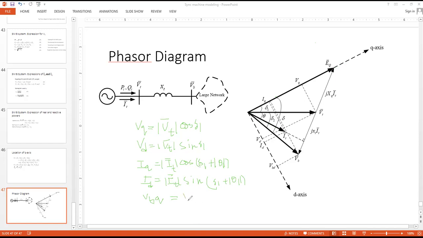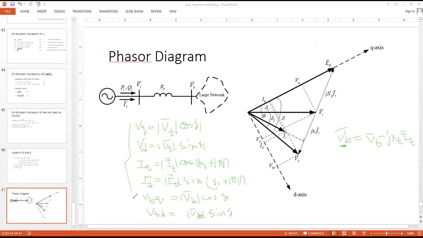So VB, remember we assume that we know the initial magnitude of VB, or even if we don't know it, we can calculate it as I showed. VB equals VT minus J XT IT, right? So from there we can also pick the magnitude of this phasor, and that would be used here. VBQ is VB magnitude into cosine delta, and VBD would be VB magnitude sine of delta.